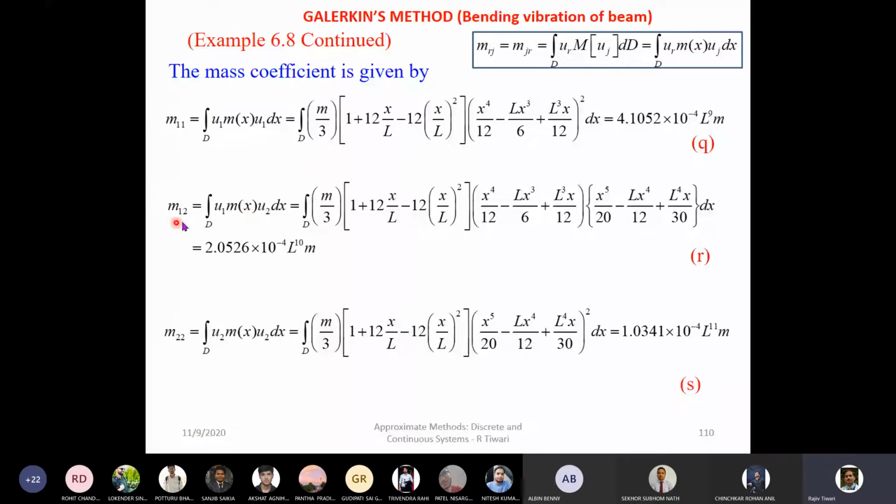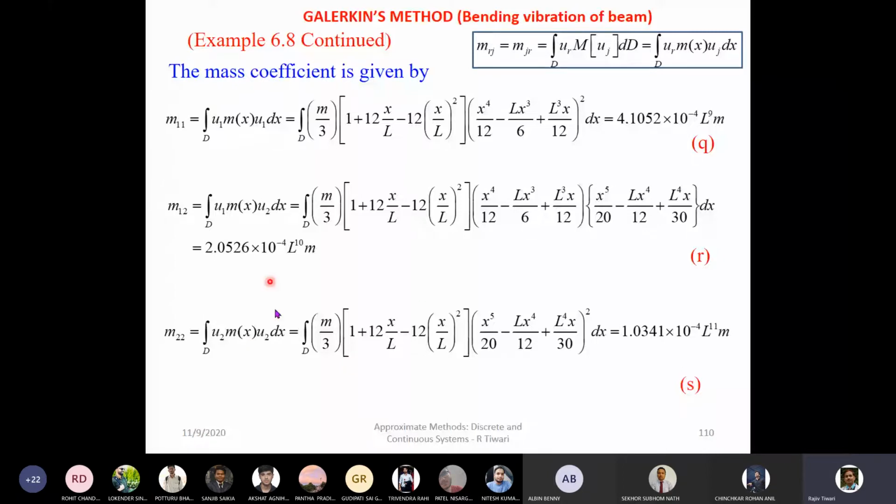But if you compare with the assumed mode method, because m is just a function, M12 also will be the same and M22 also will be the same, because we have chosen the same function and m has no differentiation here.